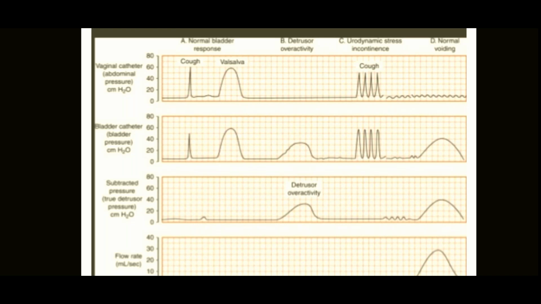There will be a spike again in the bladder catheter too. Whenever the patient is asked to undergo Valsalva maneuver, again there will be a rise in the abdominal pressure as well as the bladder pressure. But there will be no change in the detrusor pressure.